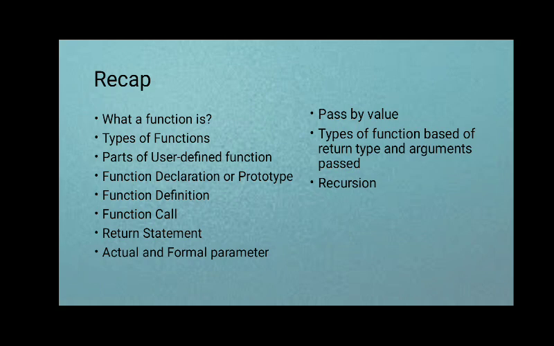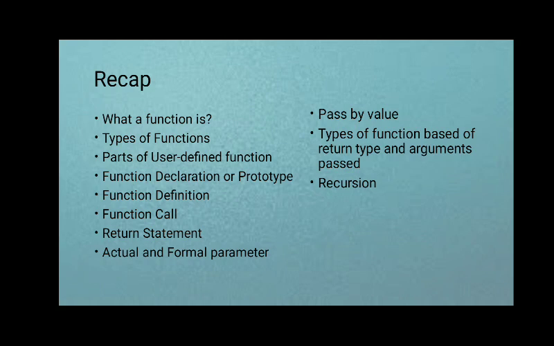Once the function is declared, you have to define what is going to be the process that is done by this function. That is called the function definition. In function definition, first we have to write the function prototype, which contains the name, the return type, and the arguments. In addition to that, we should also write the function body, which contains a set of statements which will define the processes to be run.